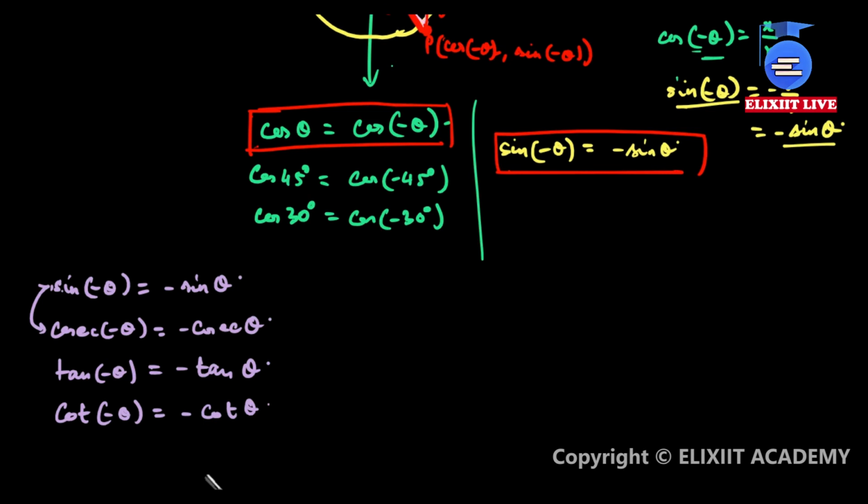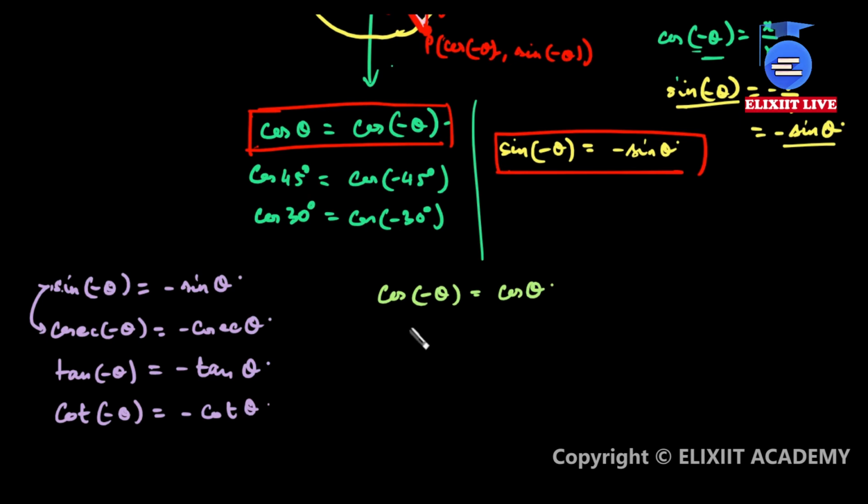But only two ratios are there which will actually not change. That is cos, and the reverse of cos, that is sec. We have seen from here that cos of minus theta is cos theta.